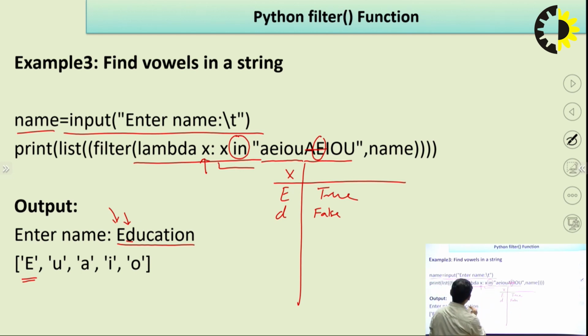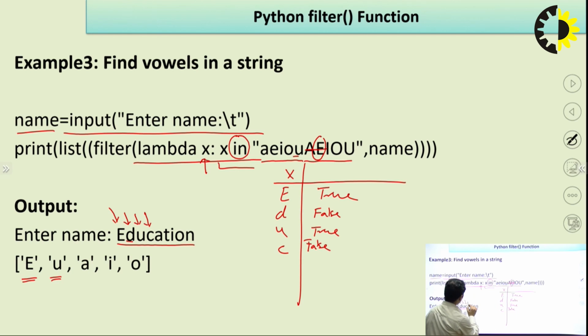Now for the next, U. Now x becomes U. In this particular set, yes, U is here. So this will return true, which means it is added into the list. Now, next is C. So x becomes C. C in this particular set, no, this will return false, not added in the list.